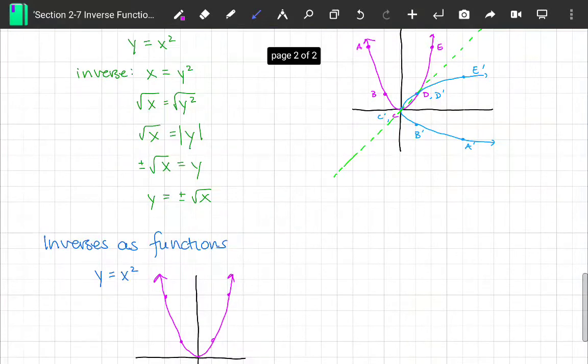And the way we can see this is, if I go back to this graph up here, remember the blue one failed because it doesn't pass the vertical line test? Well, remember switching x and y, the pink one fails the horizontal line test. And that's actually a test for an inverse function.